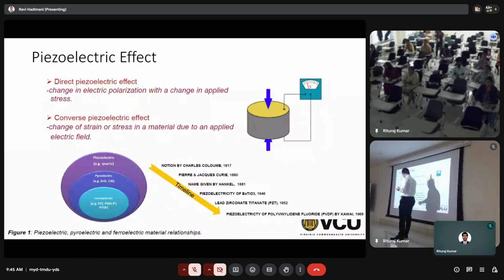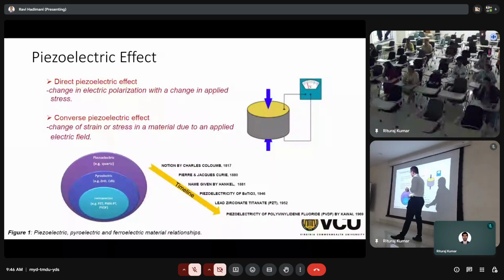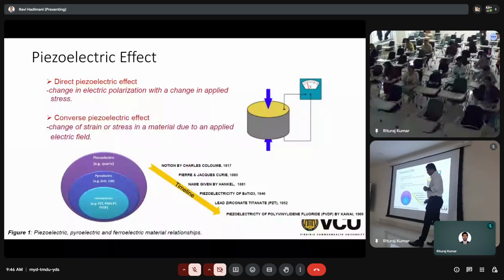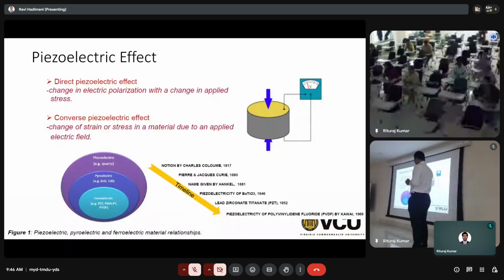And then ferroelectric materials are all these here. These are all piezoelectric materials, but quartz is a piezoelectric material that is not a pyroelectric material, or a ferroelectric material, because it doesn't show hysteresis. Okay, so the other piezoelectric materials that are ferroelectric and pyroelectric include PZT.